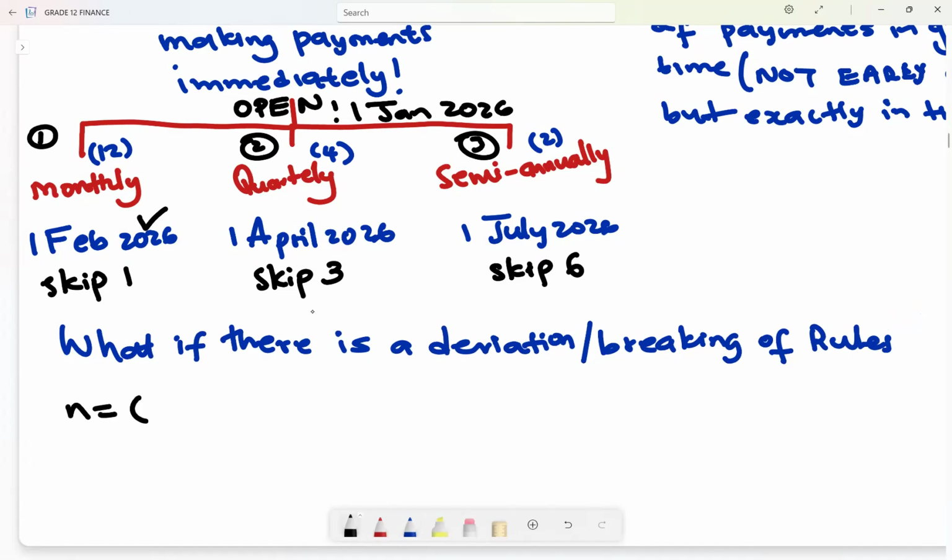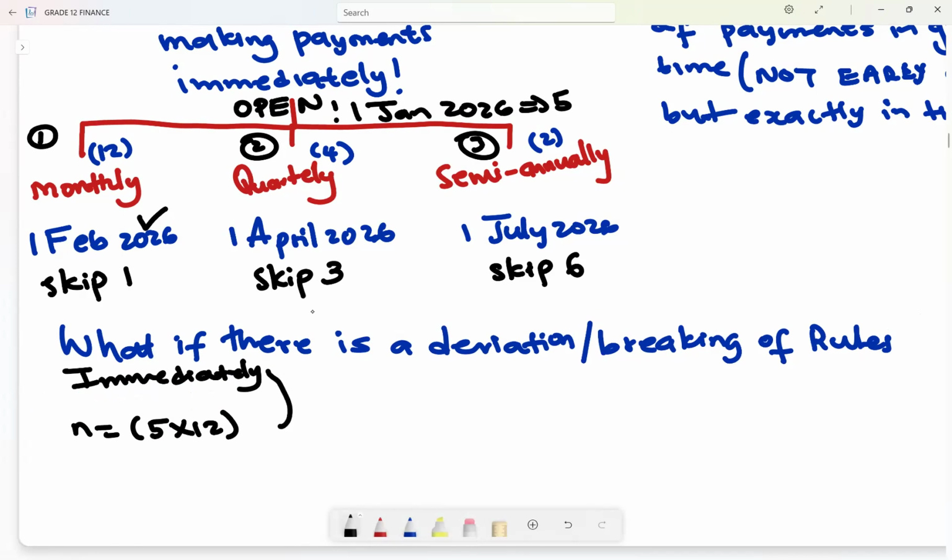Let's say you want to do it for 5 years. The number of payments is going to be 5 multiplied by what? Let's talk about immediately. n is equal to 5 times 12, where 5 is the number of years and monthly is 12. This is normal.